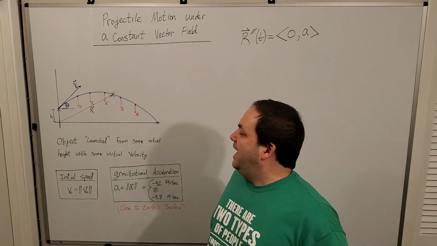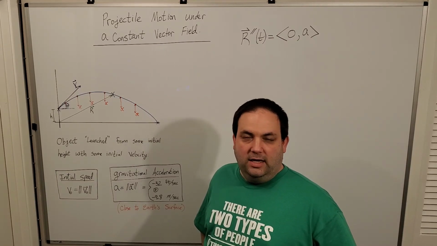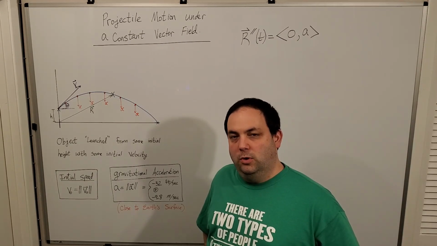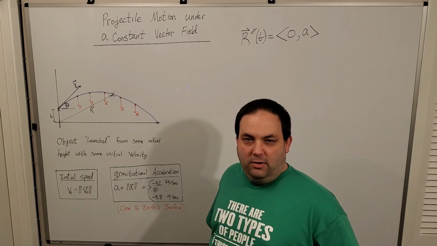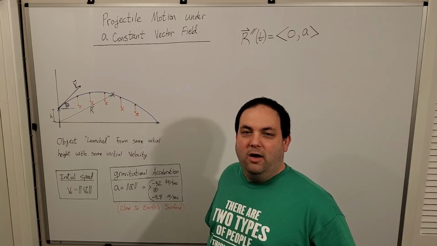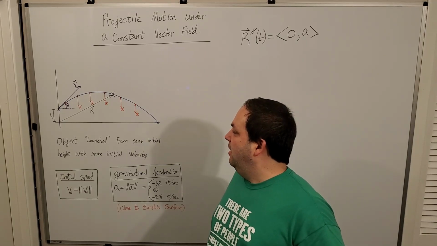Also, technically, the gravitational field that we experience on a day-to-day basis is not a constant one. The strength of the actual gravitational field of a planet has to do with how far away you are from its center, the center of the planet.